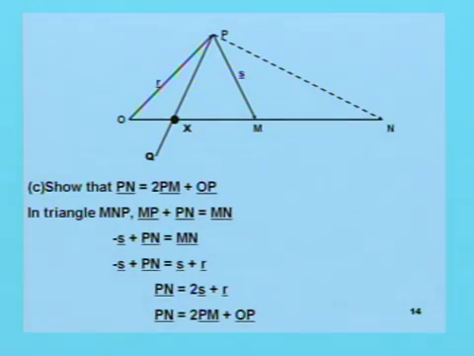So vector PN is equal to, transposing minus s from the left to the right, 2 times vector s plus vector r.